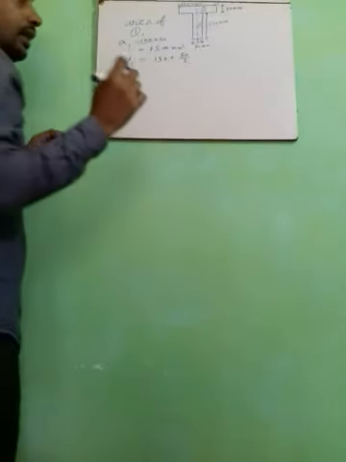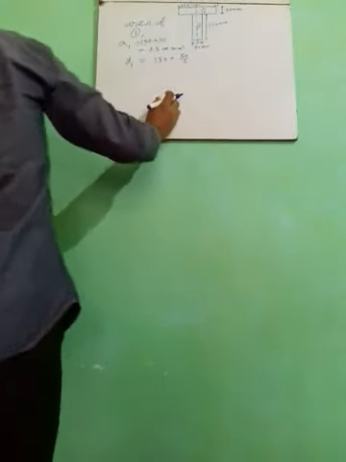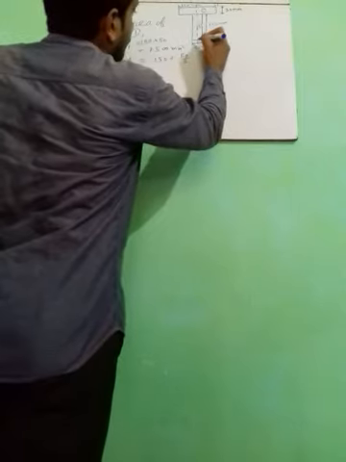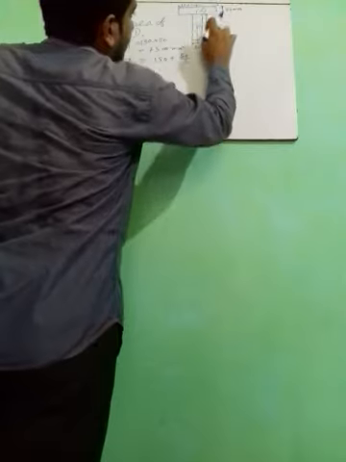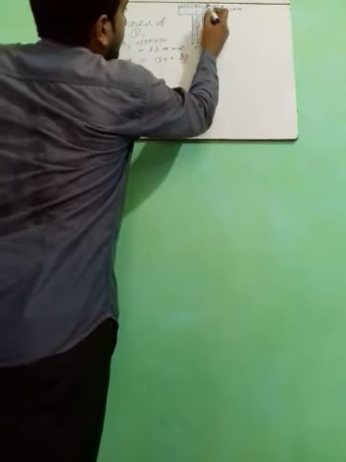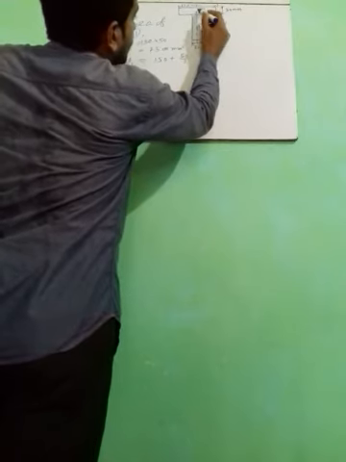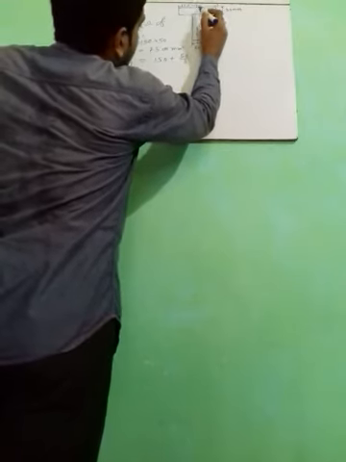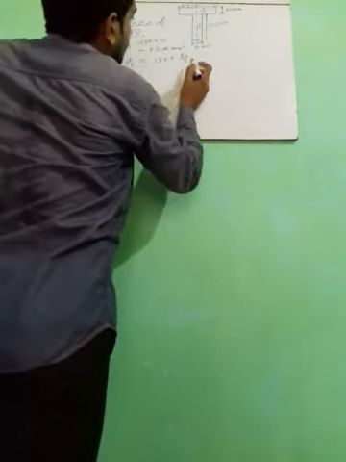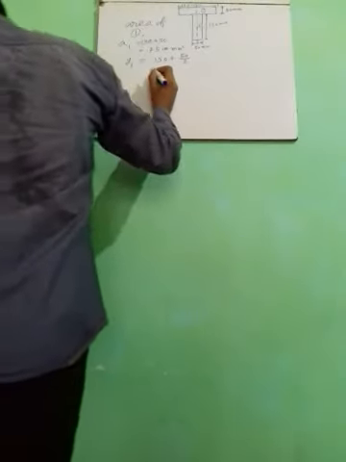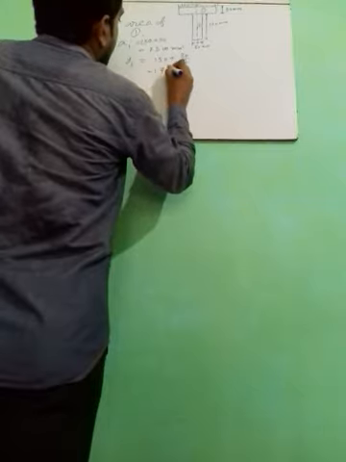So we have to consider the coordinate from this line. From this line, the CG of this figure will be 150 mm plus half of this 50 mm portion. So this will be equal to 175 mm.